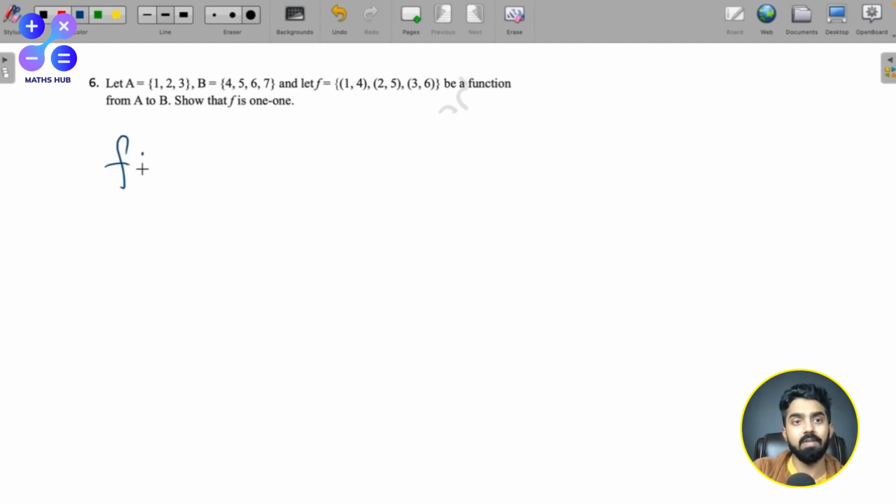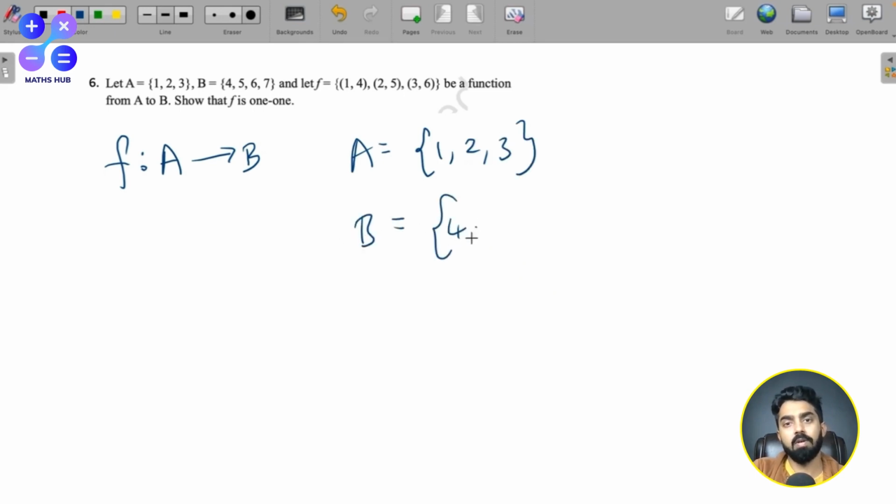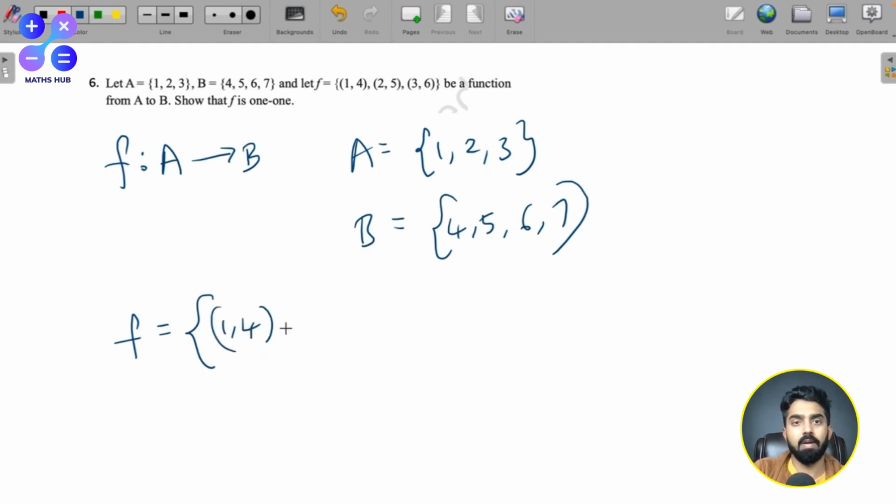So a function f is defined from set A to set B, and set A is 1, 2, 3, and set B is 4, 5, 6, 7. Awesome. And the function we are told is (1, 4), (2, 5), and (3, 6). So we need to prove that this is one-to-one.